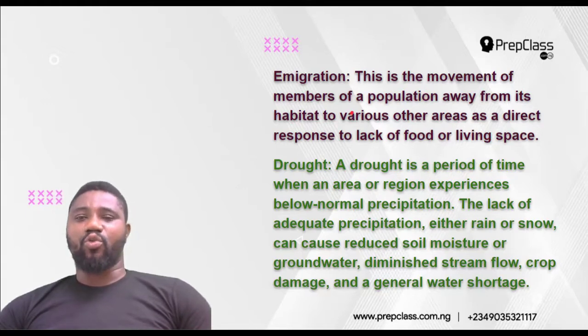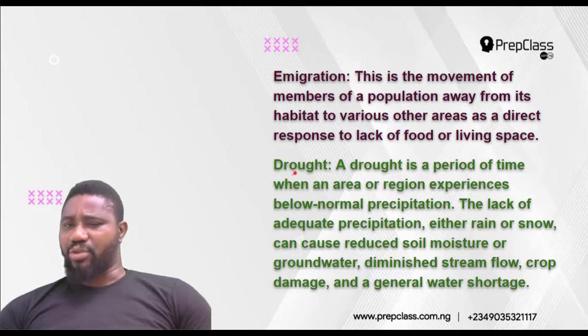Emigration will even reduce the competition, because once some organisms, let's say in a population of buffalo, about 50% has migrated, of course it's going to reduce the competition for the remaining 50% for the available food, space, and grasses for them to enjoy.